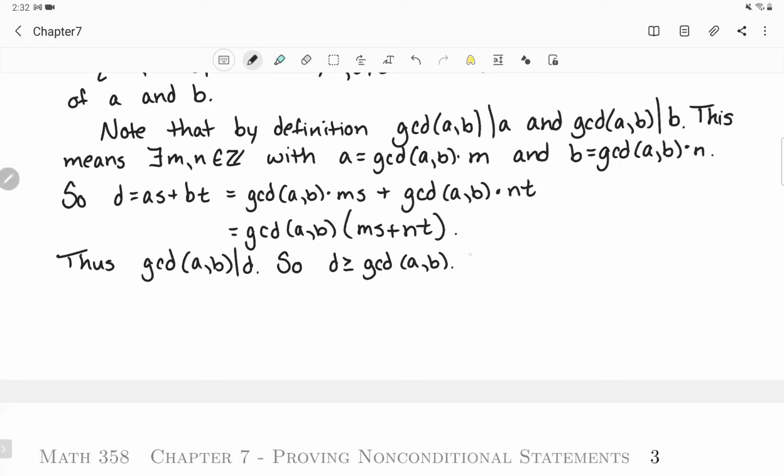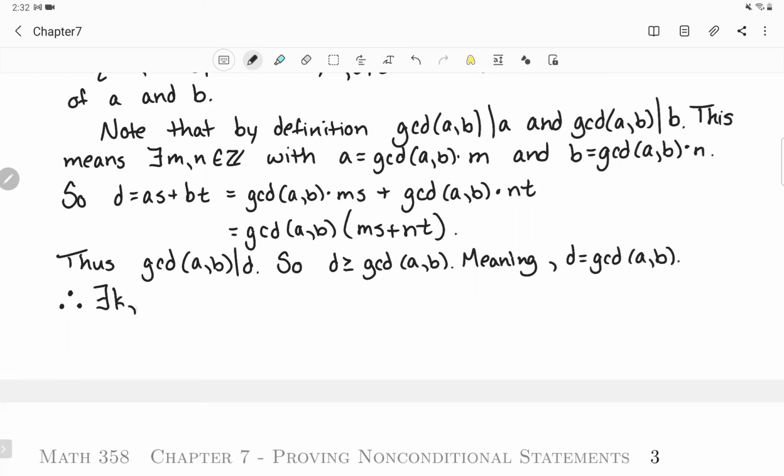Meaning D equals the GCD of A and B. Therefore, I'm going all the way back to the problem statement now.